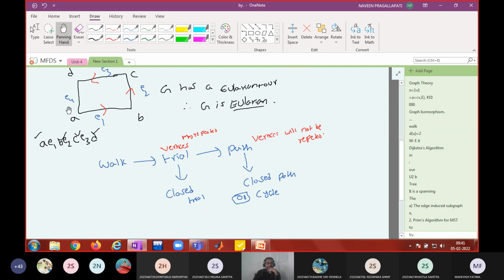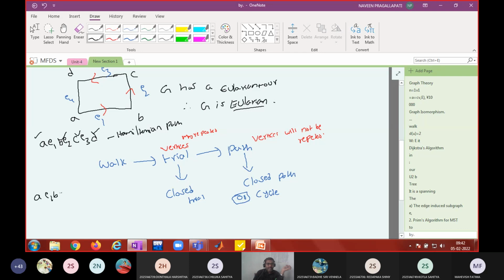We may leave some of the edges, it doesn't matter, but we have to visit all the vertices one and only one time. And what do you mean by Hamiltonian? If the graph contains a Hamiltonian cycle. What do you mean by cycle? A closed path. So this is called a Hamiltonian path. So what is a Hamiltonian cycle?